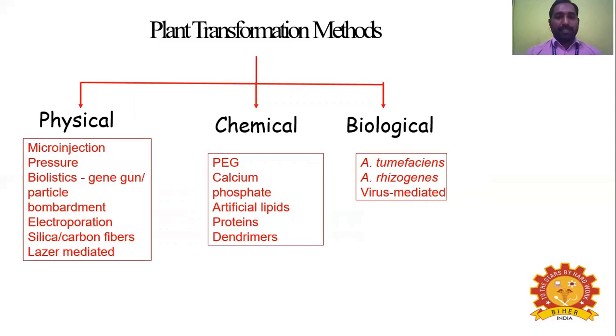The chemical methods include polyethylene glycol, calcium phosphate, artificial lipids, protein based, and dendrimer based transfer methods. At last, we have biological plant transformation methods. The important organisms are Agrobacterium tumefaciens, rhizogenes, and viral mediated vector systems.